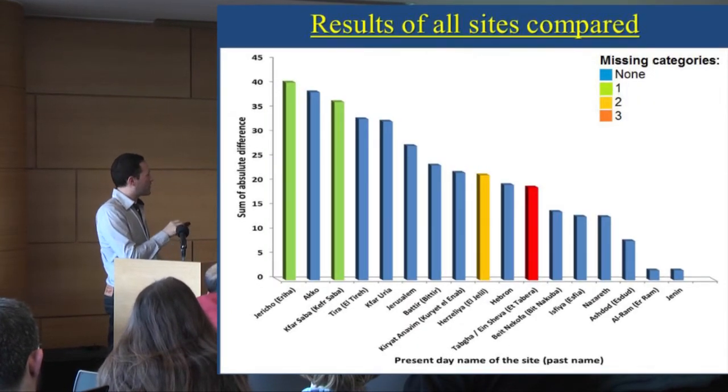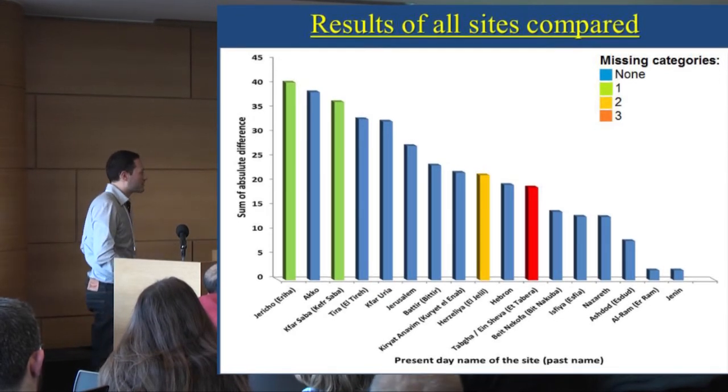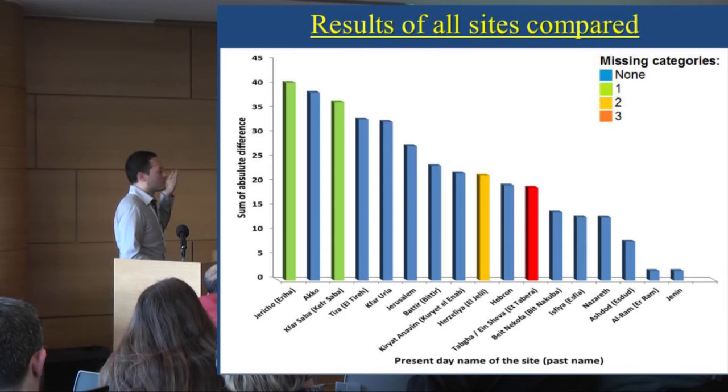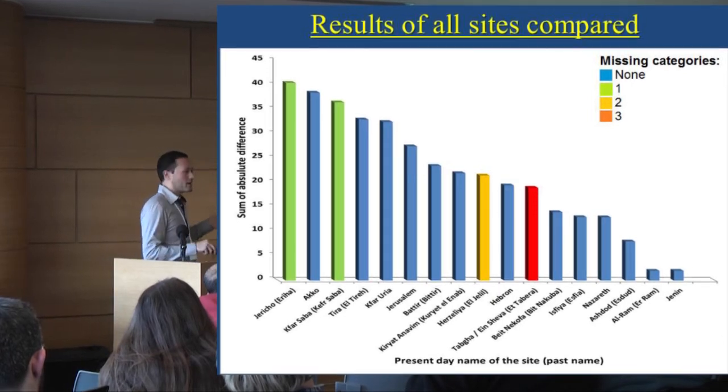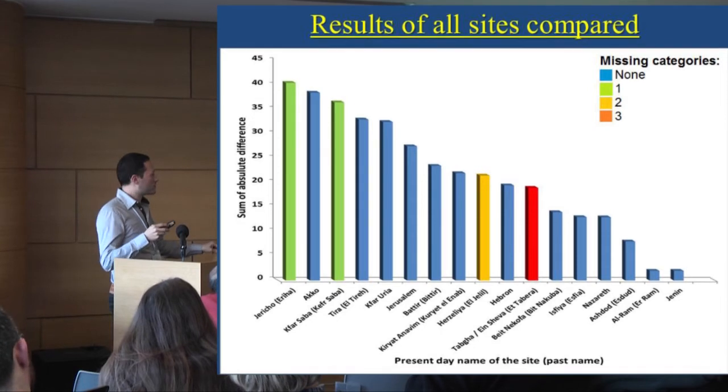Here are the results of all the 16 sites. As you see, in all of the sites the difference was less than 40%. Moreover, we examined also the categories. Most of the places, if on the PF map we had wetlands, sand dunes, and built areas, we also found the same categories in the aerial photos.